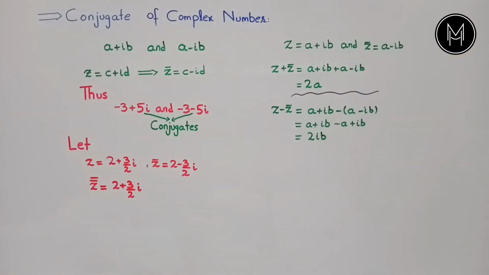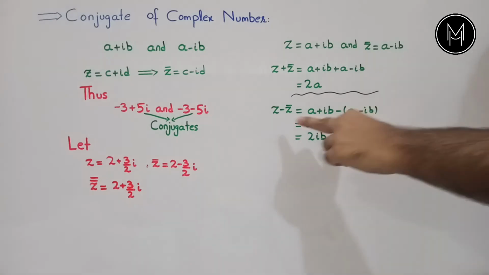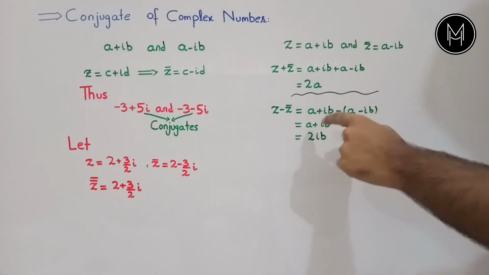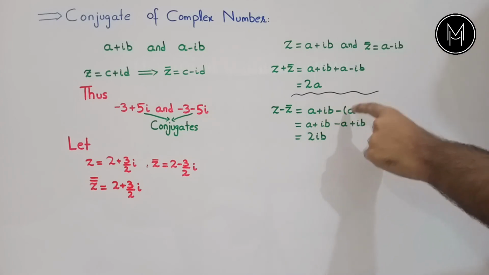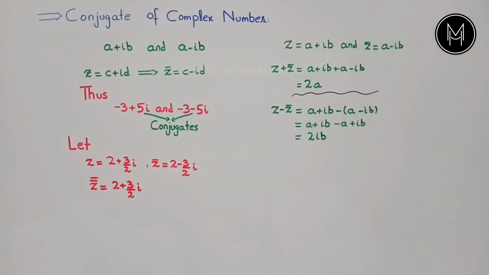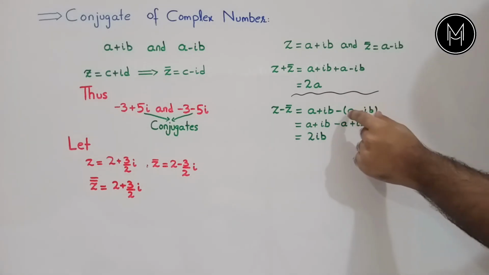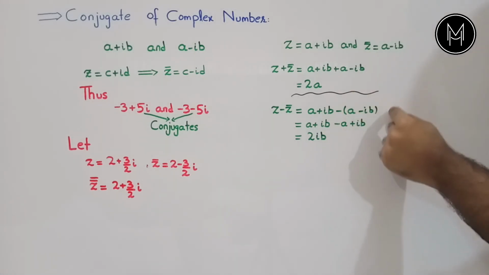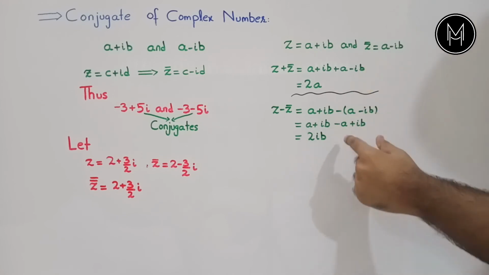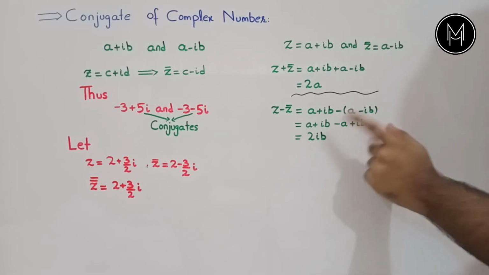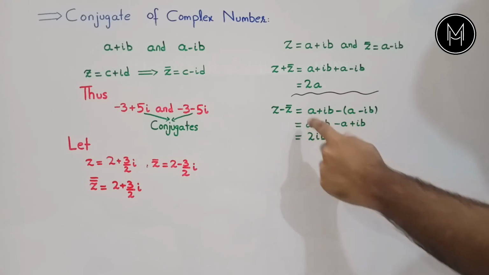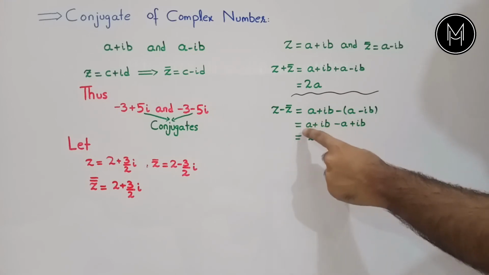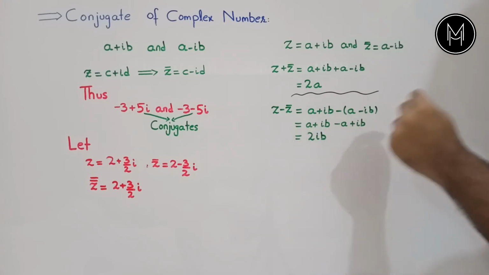Now, what if we subtract the conjugate from the complex number? So let's check. z minus z bar is equal to a plus ib minus (a minus ib). After multiplying this number by minus, the signs of a minus ib will be changed, and as a result we will get minus a plus ib. Now you can see the first is a positive real part and the second is a negative real part.